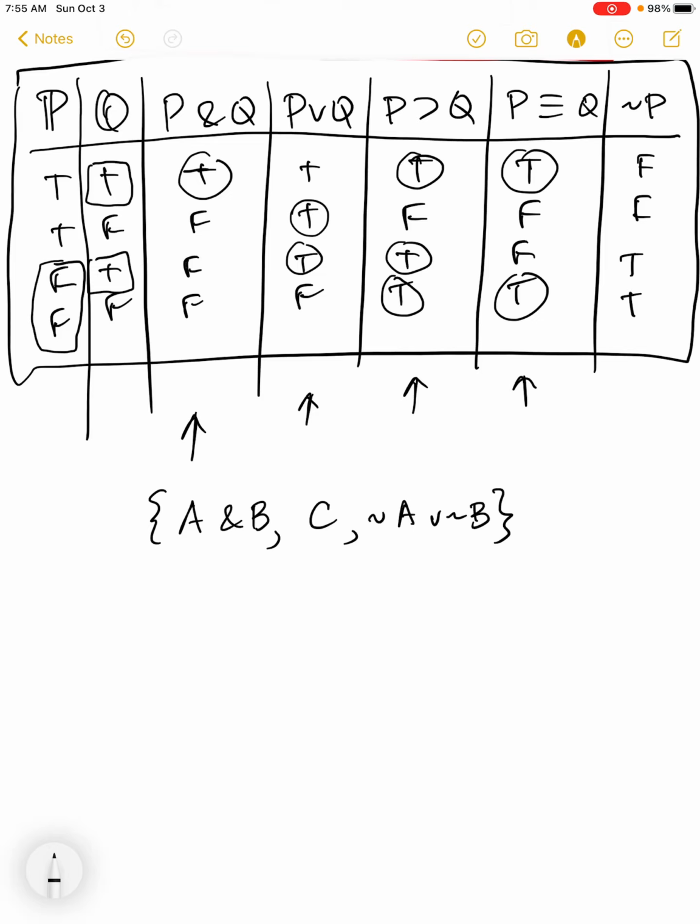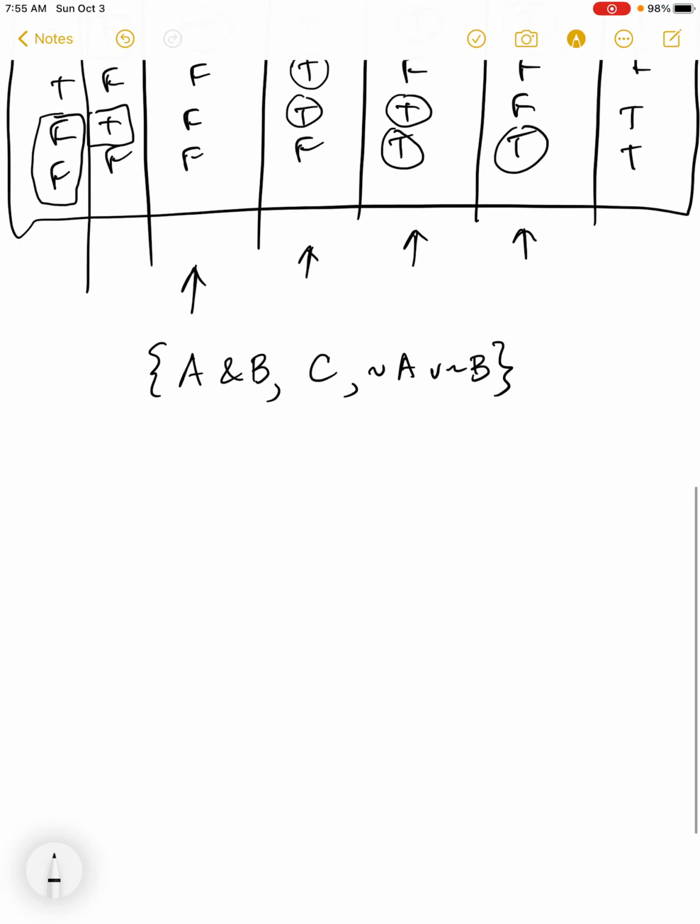So my background question is: is this a consistent set? Is there a truth-value assignment that makes all of these set members true? So the first thing I'm going to do is list these 3 sentences. I'm just going to write them down on a list. A and B, C, not A or not B.